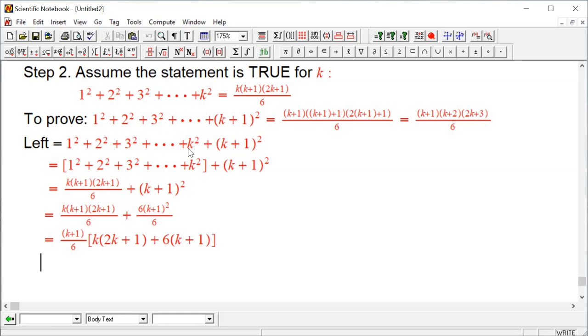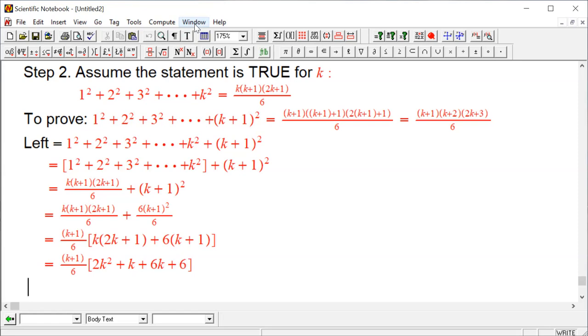Okay, and then what? The outside is already in the factored form, and part of it is what we want, right? k plus 1 over 6, we already get that. So we just have to organize the term inside the bracket and see if they can be factored into these 2 factors. So we got 2k squared plus k plus 6k plus 6.